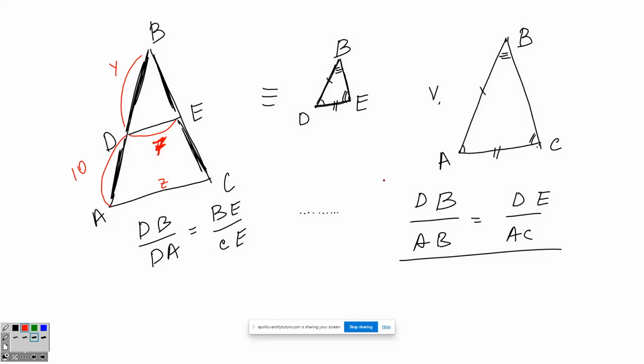So it is actually very helpful to write down, not keep in our mind, the meaning of each variable. y represents DB, 7 is DE, z is AC.